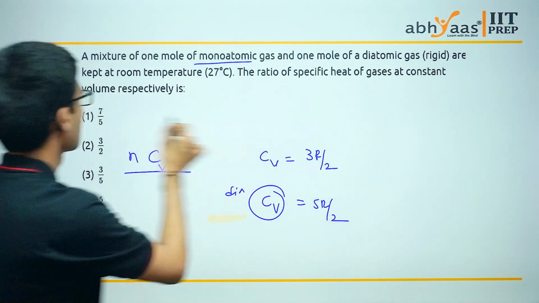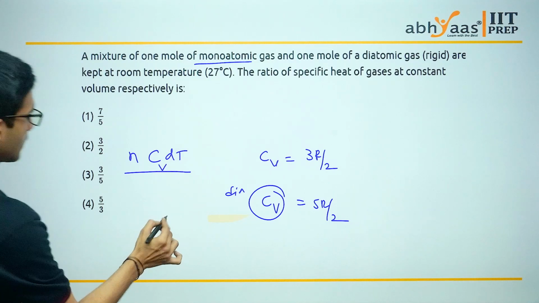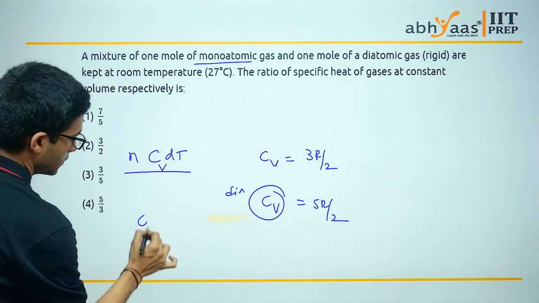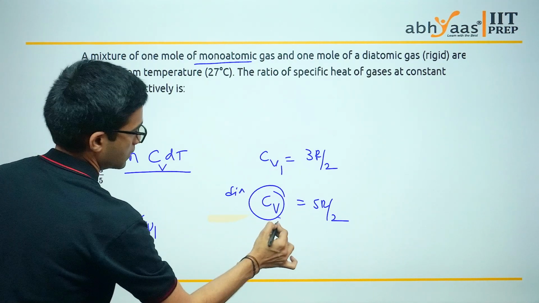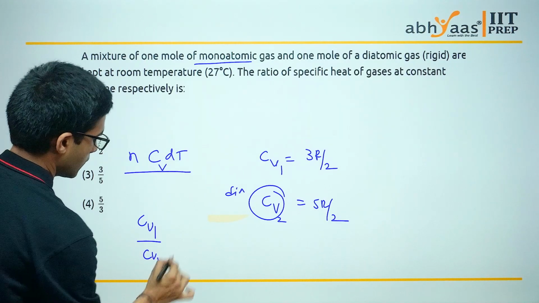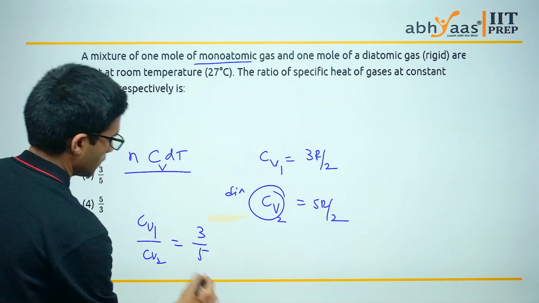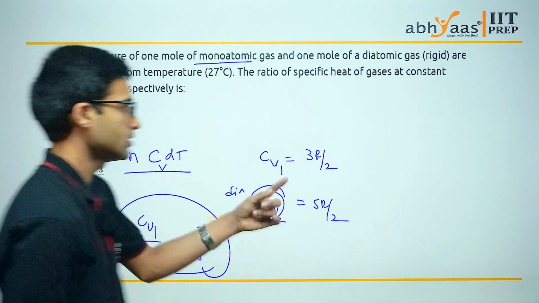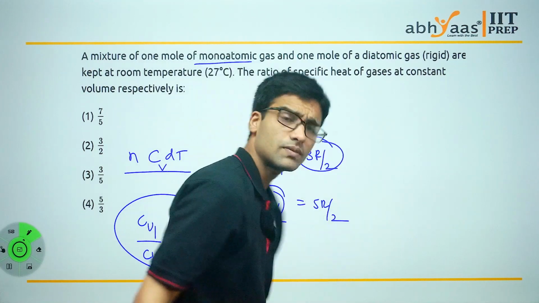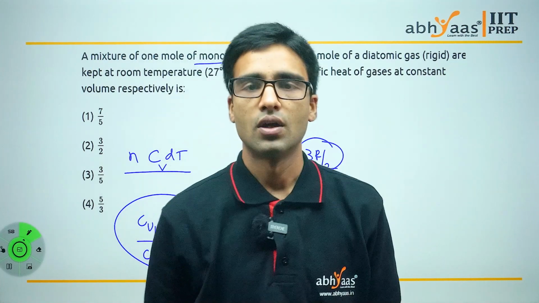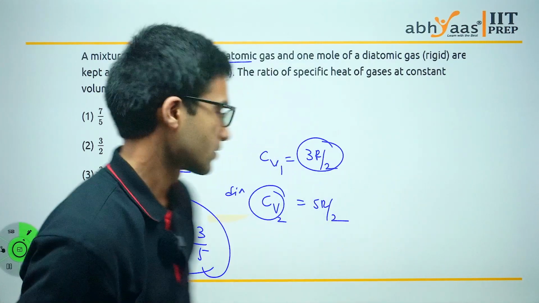So Cv1 by Cv2 is 3 by 5. This is a direct question. If you know this expression, directly you will get the answer. It's very simple.